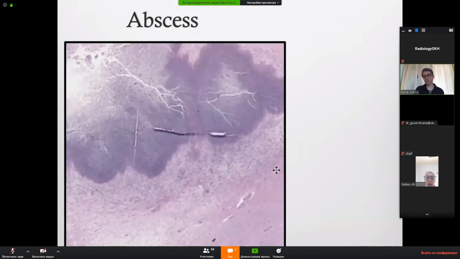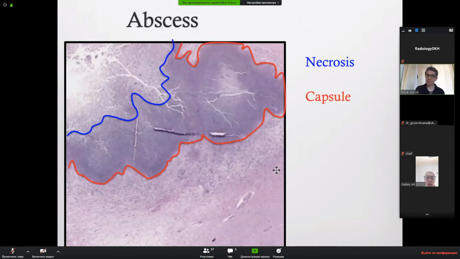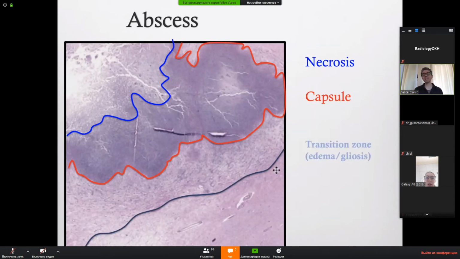This is a screenshot of pathology, and this part here is the necrosis. It's very fluid. This very packed and dense area is the capsule, which is very active and will show you all the characteristics on imaging of active inflammation. And then we have this edema and gliosis.